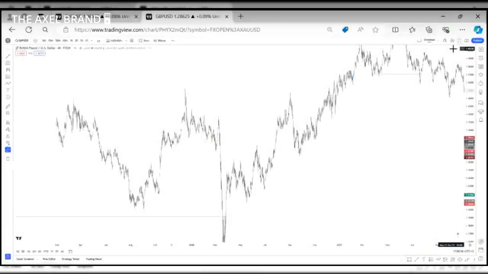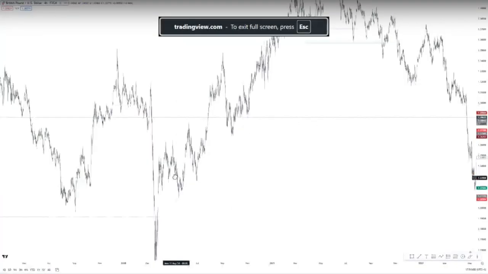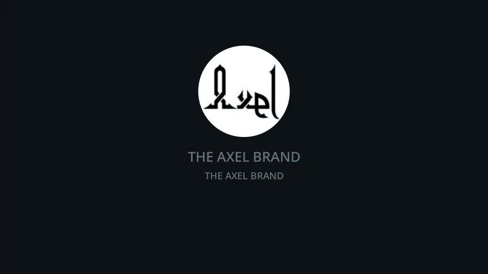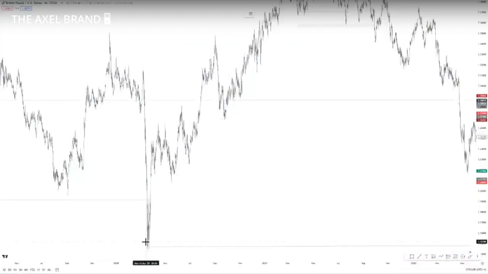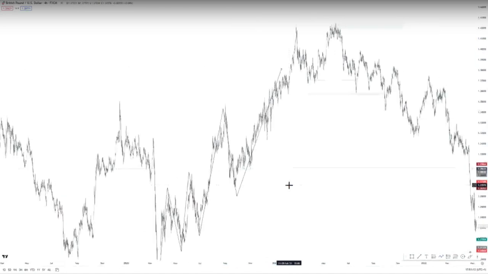Now let me look for a clear bullish market. Okay, you can see that this market is bullish. You have something like this. When you see something like this, you look for buy positions.